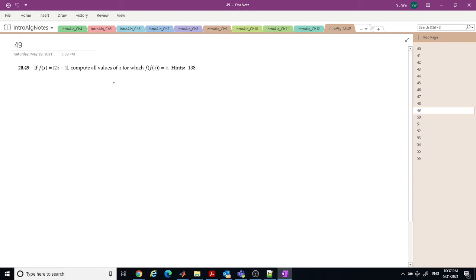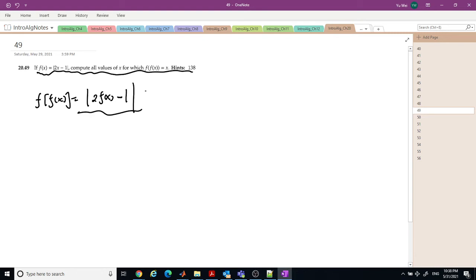Okay, next, let's seek the solution of this problem. We need to see what f of f(x) is first. So we know f(x) is this, so f of f(x) is equal to 2 times f(x) minus 1.